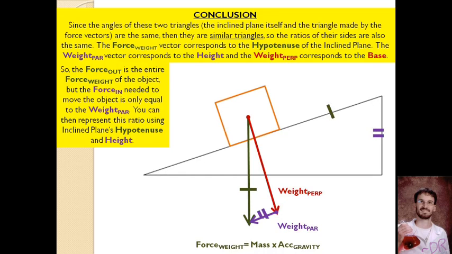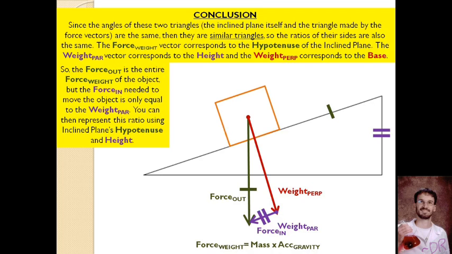So that means this hypotenuse represents, remember, when we measure the length of the hypotenuse, we're not measuring force, we're measuring length, but that length represents, on the force triangle, the force out. And the height of the triangle, the height of our ramp, corresponds to this little bit of parallel force that we have to apply as our input.